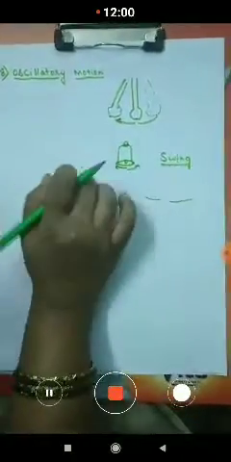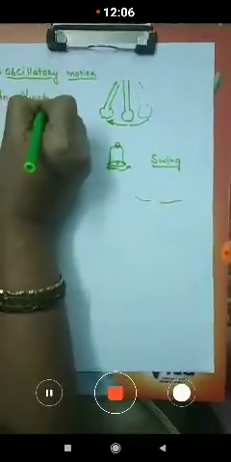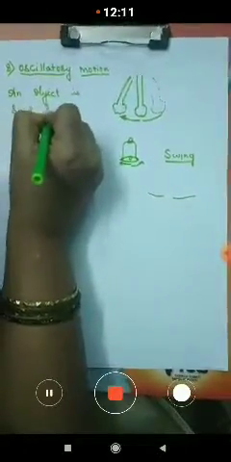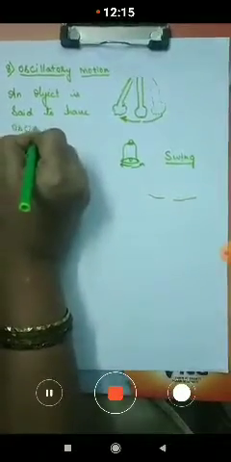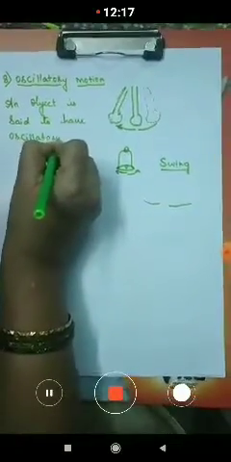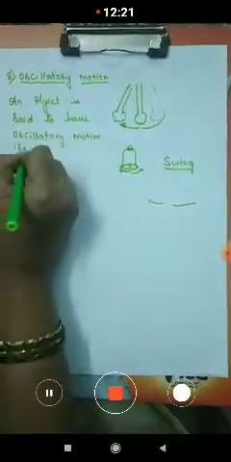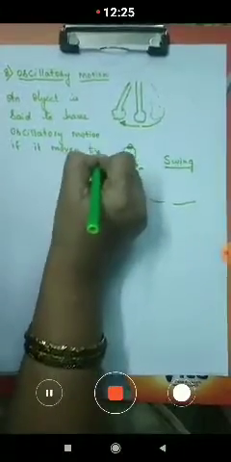Understood? So how can we define oscillatory motion? An object is said to have oscillatory motion if it moves to and fro.